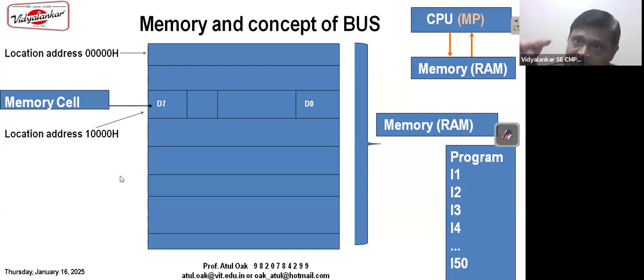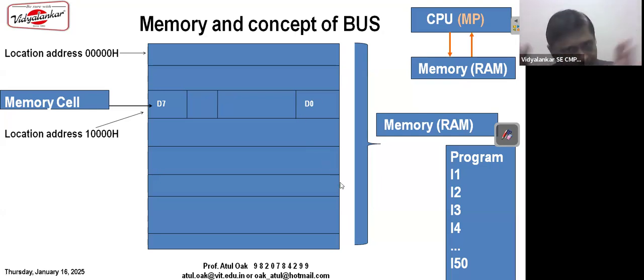We need control bus. Control bus carries timing and control signals like read, write, all these signals you communicate via control bus. So control bus tells which operation you want to perform. Do you want to read? Do you want to write?